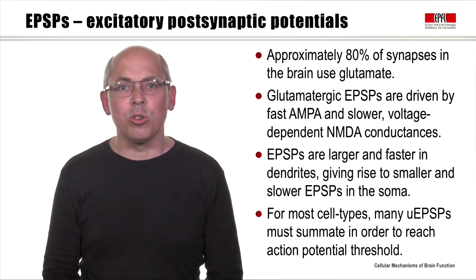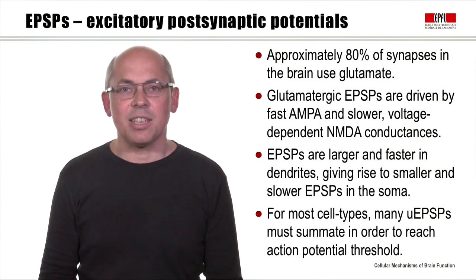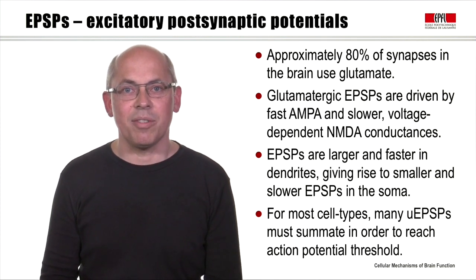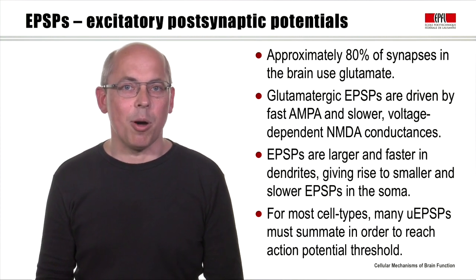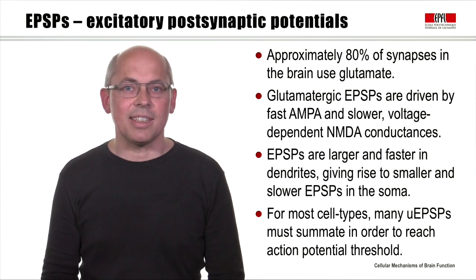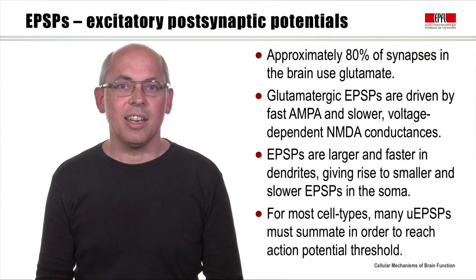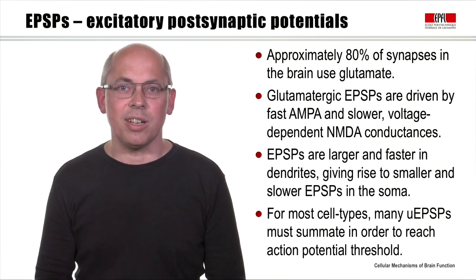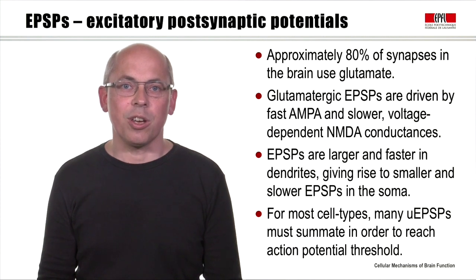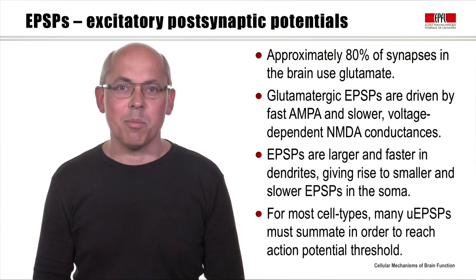And so the total conversion of activation of postsynaptic conductances downstream of an action potential in the presynaptic terminal is a complicated phenomenon, and it's still something that's actively being investigated in research in terms of how these dendritic inputs are integrated in real neurons during real behavior in the mammalian brain.